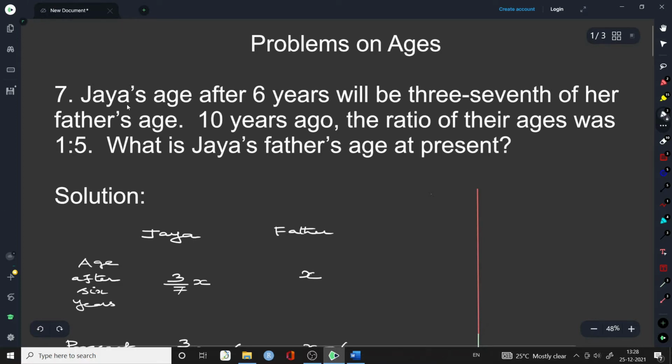Now, here Jaya's age is compared with her father's age, both in the future as well as in the past. In the first method that we are going to do, we take the future age as the base age and do the problem. In the second method, we take the age in the past as the base age and solve the problem.